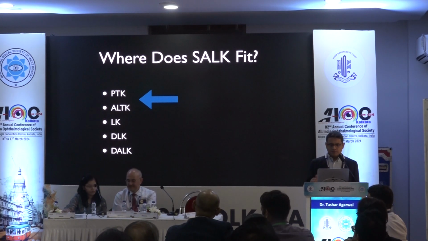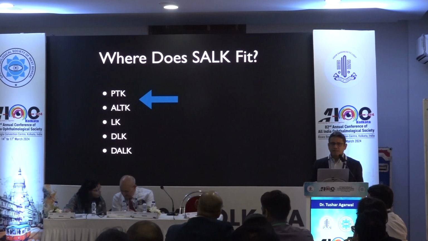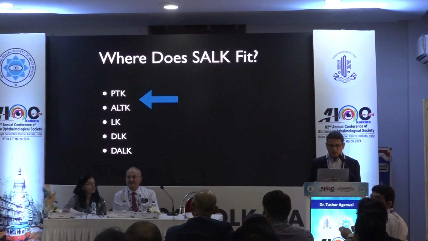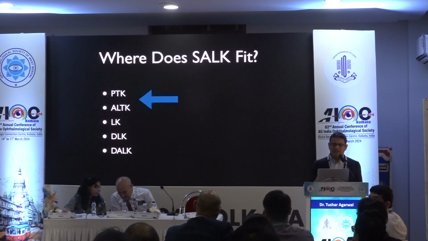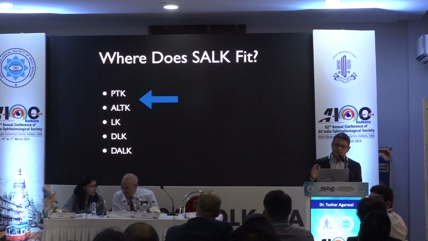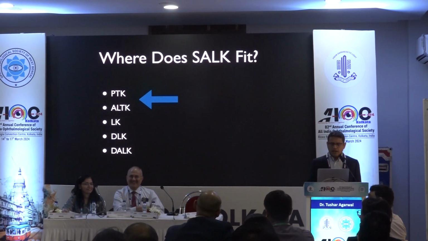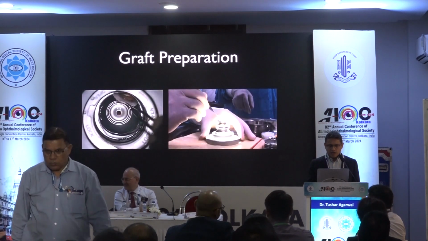So depending on the depth, you could do an ALTK, LK, deep lamellar keratoplasty, and then finally DALK, where you just leave the stroma and the endothelium. So SALK fits somewhere in between PTK and ALTK, where PTK would be too less to remove the opacity and ALTK would be an overkill.